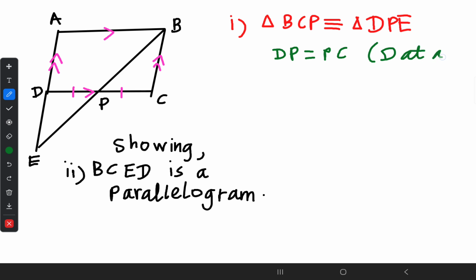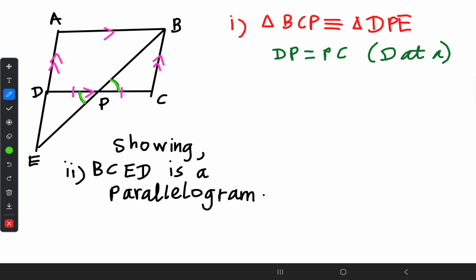Thereafter, next thing which we can obtain, look at these two triangles. There is an intersection between line DC and EB. So this is producing a pair of vertically opposite angles. We know that vertically opposite angles are equal in magnitude. So this is also another data.